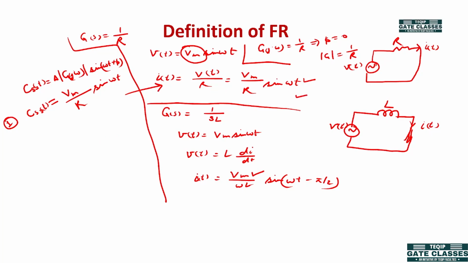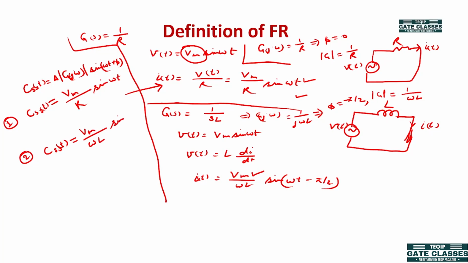Similarly, let us consider this system. Here we again have G(j omega), and we can simply replace s by j omega, so j omega L. Here phi is equal to minus pi by 2 and the magnitude of G is 1 by omega L. Once we put this, in the second case the steady state response of the current is Vm times the magnitude of G(j omega), that is 1 by omega L, into sine(omega t plus phi), that is minus pi by 2.